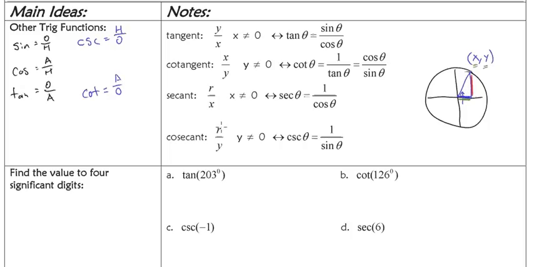So radius divided by y is going to be the same thing as hypotenuse divided by the opposite side. Those are equivalent. They're the same thing. And then lastly, we have the secant. Secant is the reciprocal of the cosine. So this is going to be the hypotenuse over the adjacent side, or the radius divided by the x value.